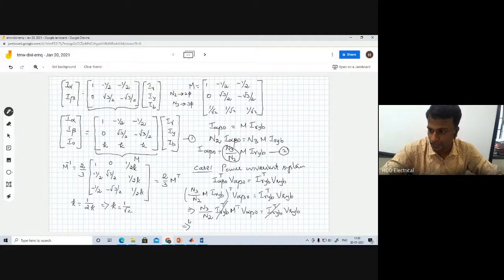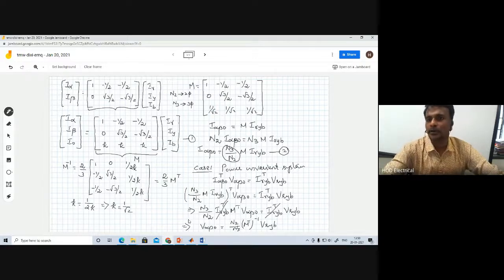So we will have V alpha beta naught equal to N2 by N3 into M transpose the whole inverse into V R Y B.